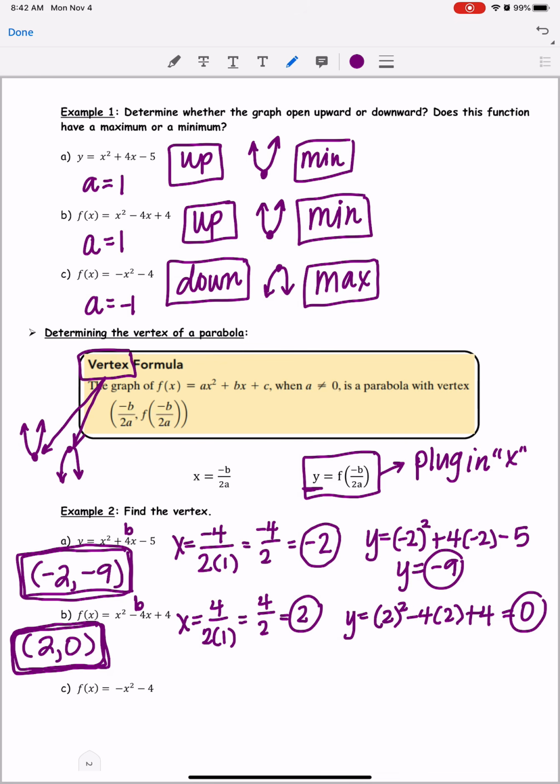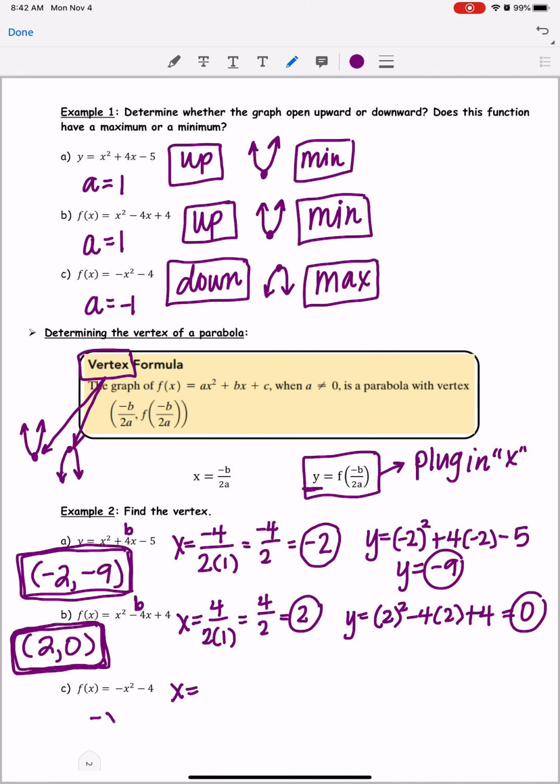Okay, and one more time. So x equals negative b over 2a. Here, I want you to take a minute to think about what your b is. Notice here and here, your b is whatever is that x term. You have no x term.